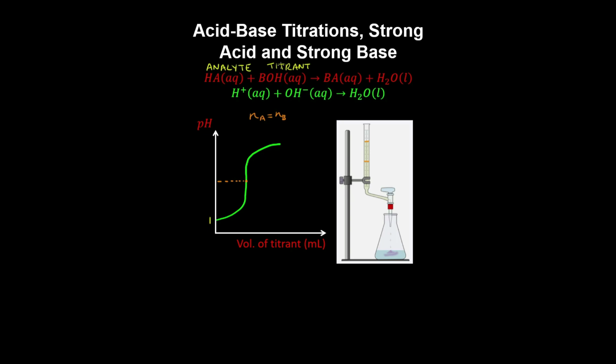And a strong acid-base neutralization reaction yields a neutral salt and water. So at 25 degrees, the pH is 7 at this equivalence point.